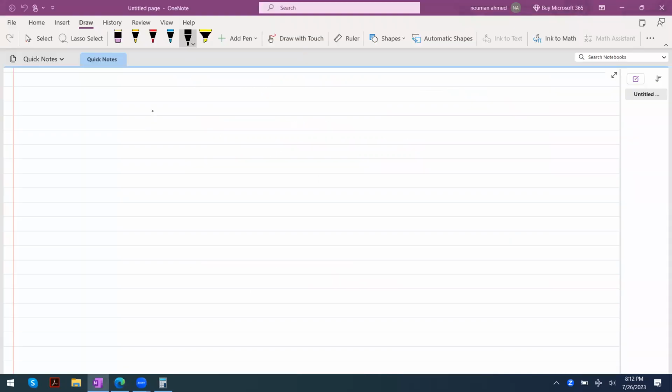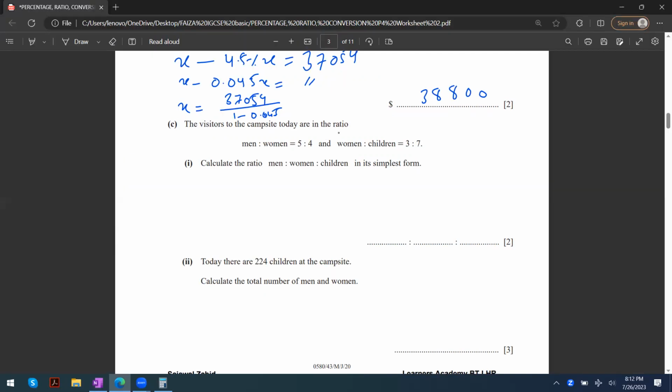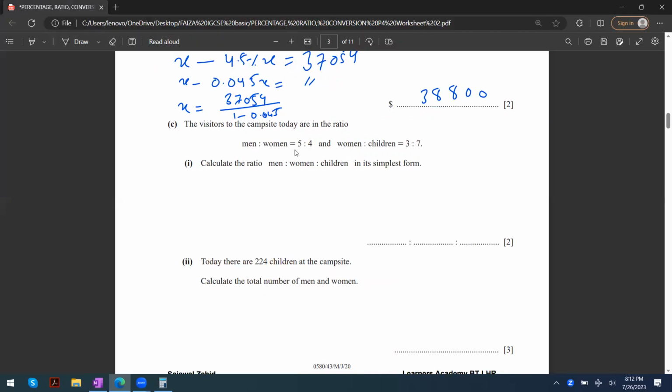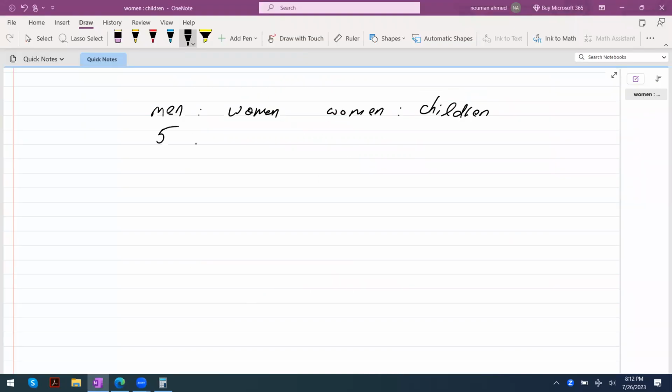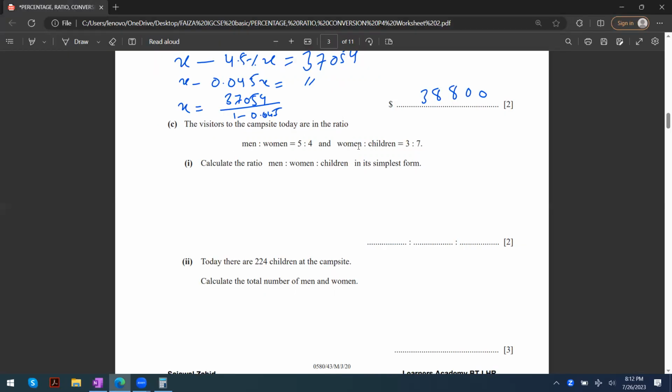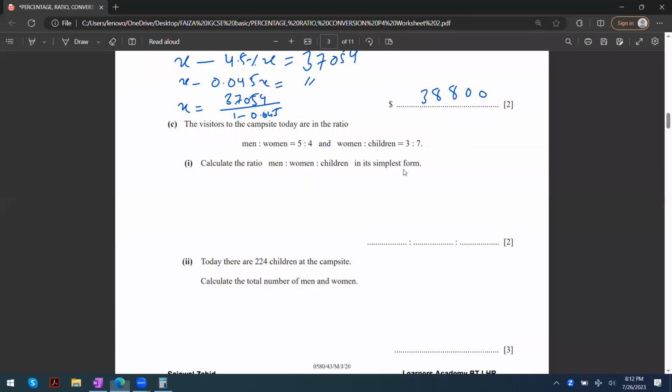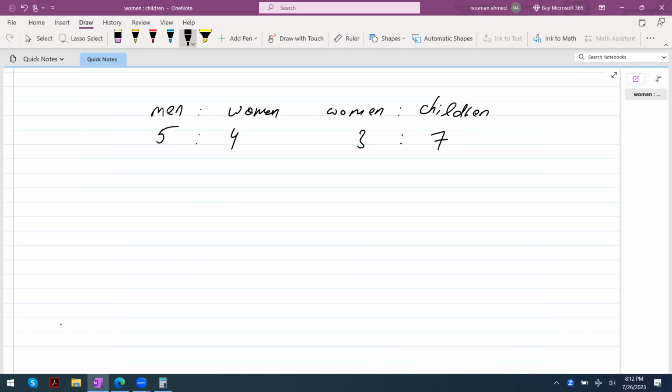Men ratio woman is 5:4. Women ratio children is 3:7. We need to find the ratio men to women to children.